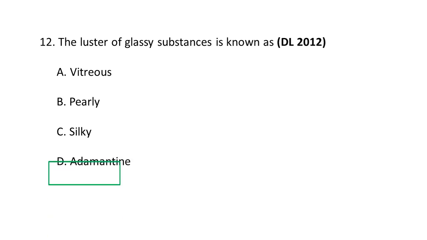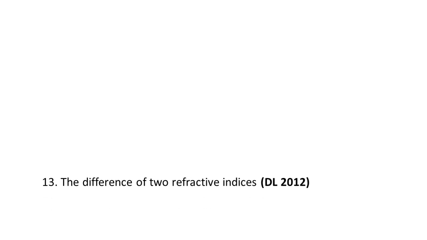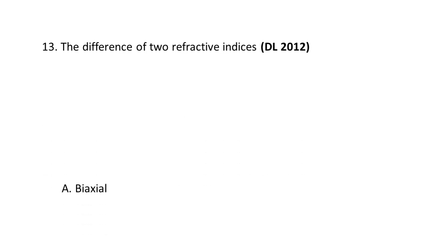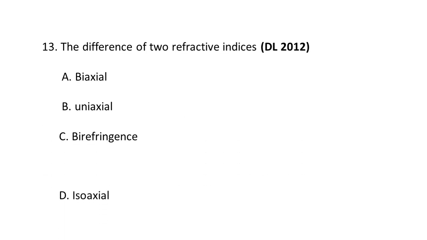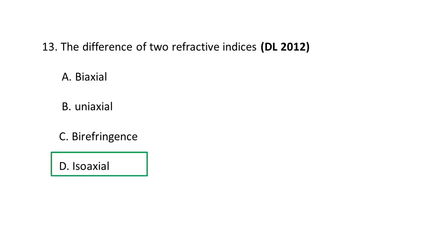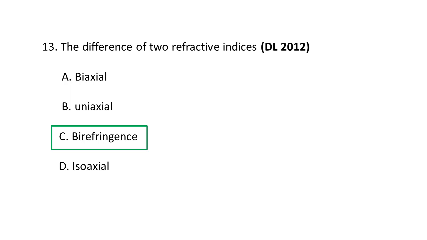So the correct option is A. vitreous. The luster of glassy substance is known as vitreous. Next question. The difference of two refractive indices is A. biaxial, B. uniaxial, C. birefringence and D. isoaxial. The difference of two refractive indices is known as birefringence.